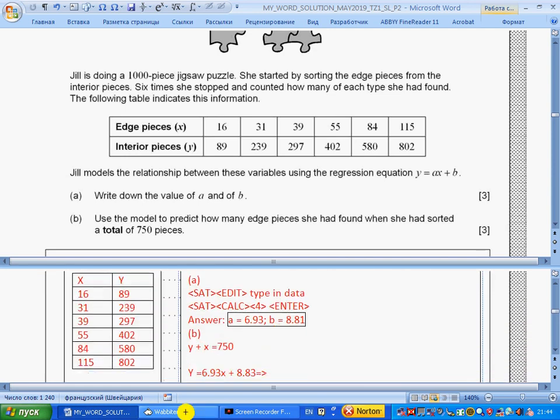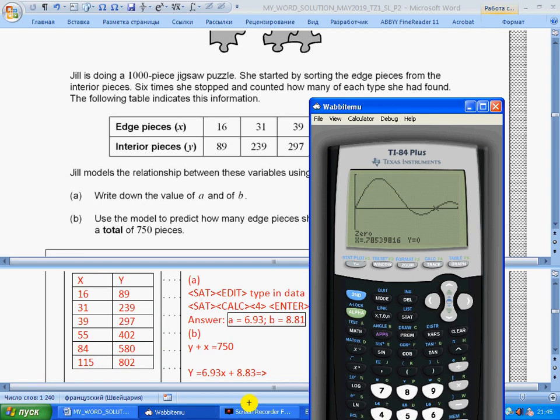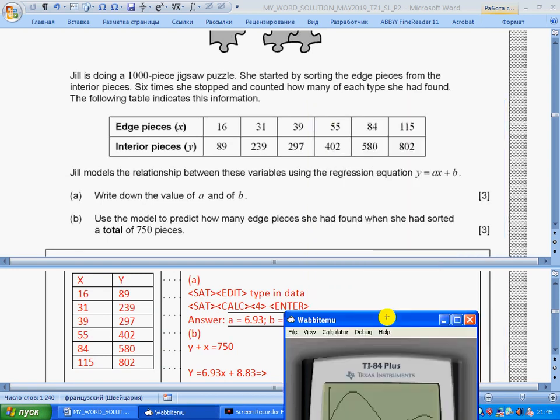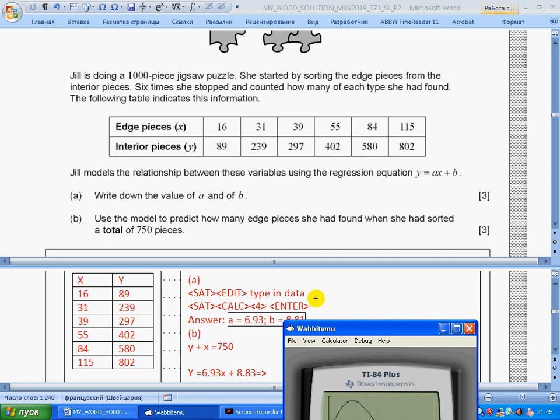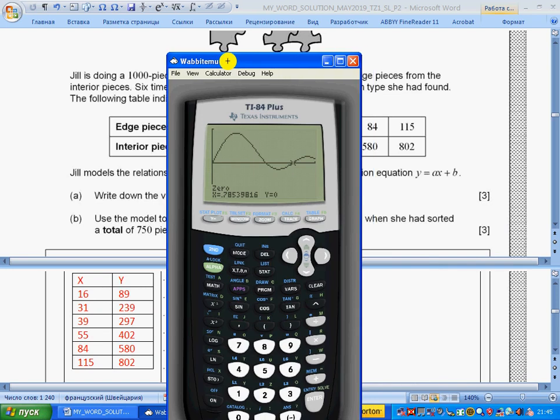So first of all, we use calculator, and we follow the following. So start, edit, type in data, start, calculate, 4, enter. So let's do it. Start, edit 1, and as you see, I have already inserted for first column x values and for the second column y values. Again, start, calculate, and we need line 4, linear regression ax plus b.